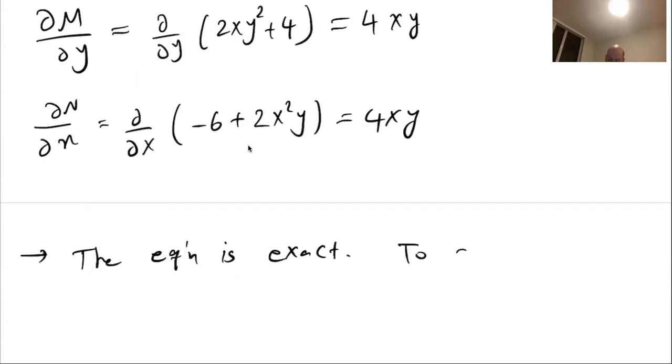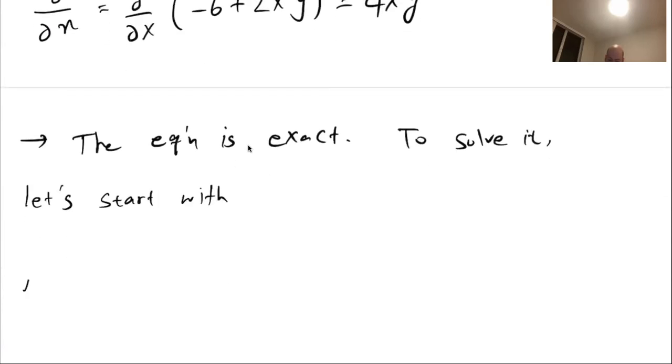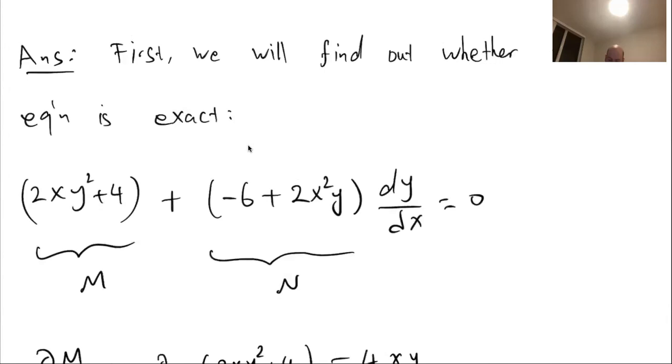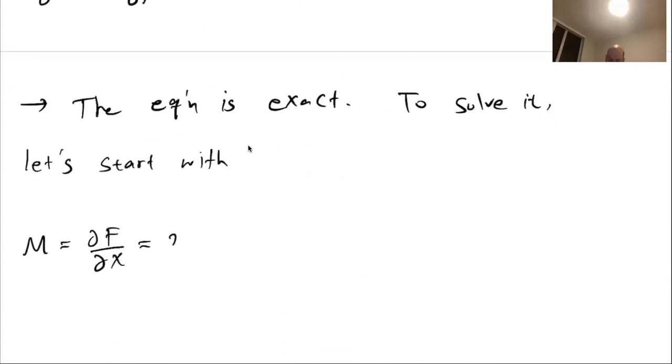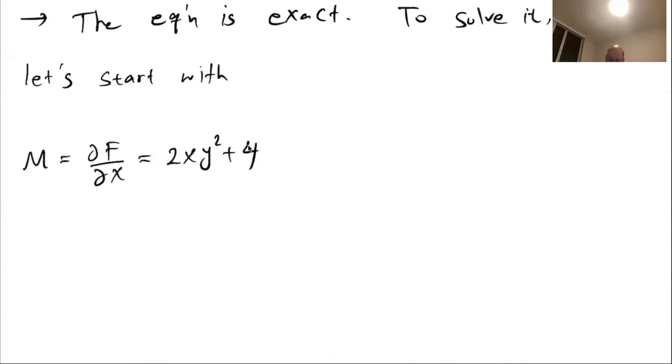So that means the equation is exact. And to solve it, let's start with M, which is df/dx, and that is 2xy squared plus 4. Now this is the derivative of f with respect to x.